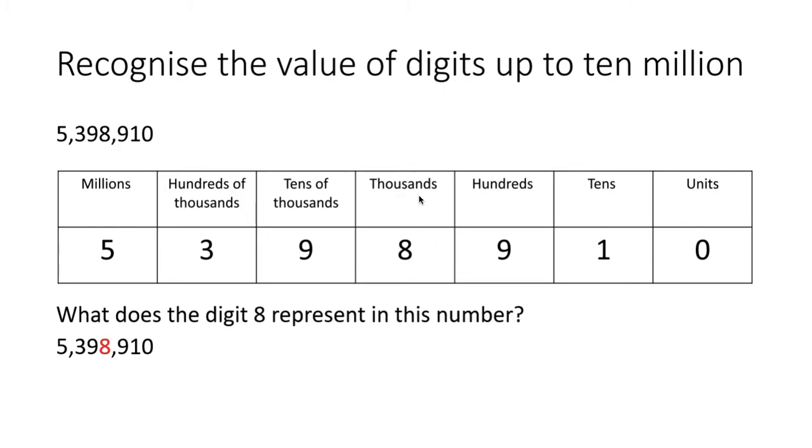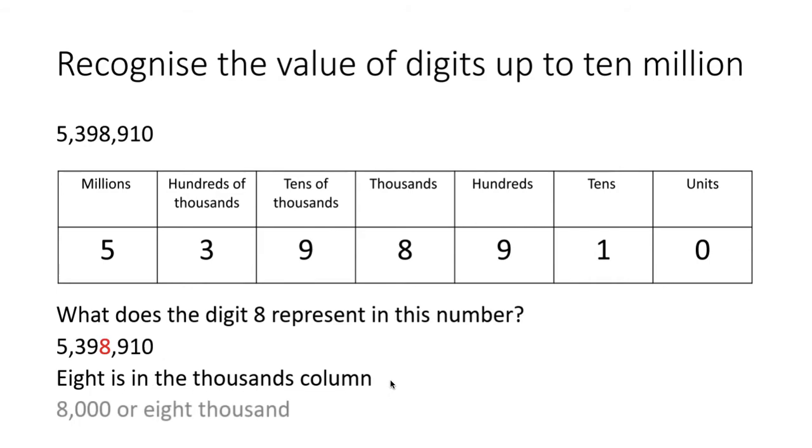It says thousands, so I know that 8 is in my thousands column. So I know that the digit 8 within this number is representing 8,000, or I could write that in words as eight thousand.